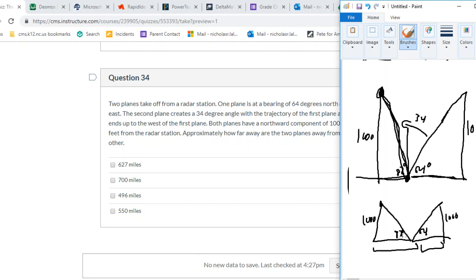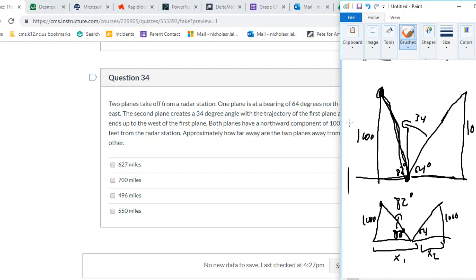So the cosine of 82, sorry if you can't see, that's 82 degrees. The cosine of 82 is x over 1000. The cosine of 64 is x2 over 1000.